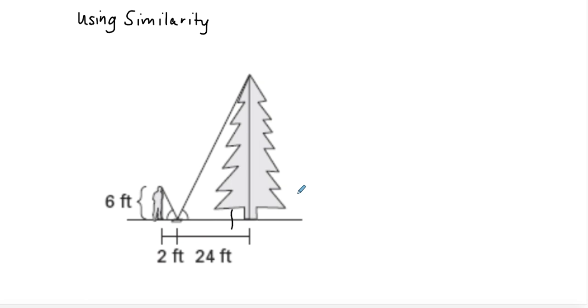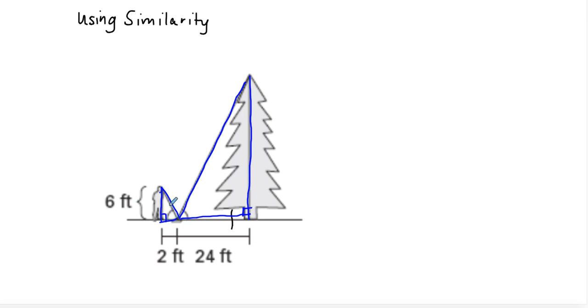You can also use similarity to solve more word problems where they say, a man is standing next to a tree and you're trying to find the height of the tree. Similarity is a way to find heights of things. Now, they would be estimates, of course, but you can see that we have a triangle here and we have a triangle here. So the tree is perpendicular to the ground and the person is perpendicular to the ground.